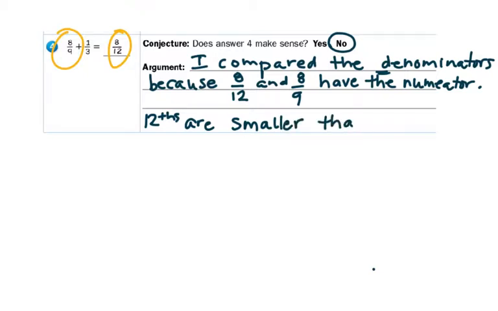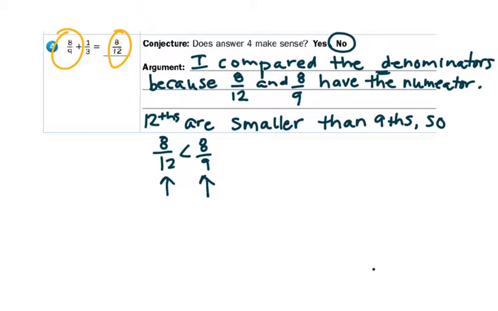Than 9ths. So 8/12 has to be less than 8/9. If something is cut into 12 pieces, they're going to be smaller pieces than if it's cut into 9 pieces.